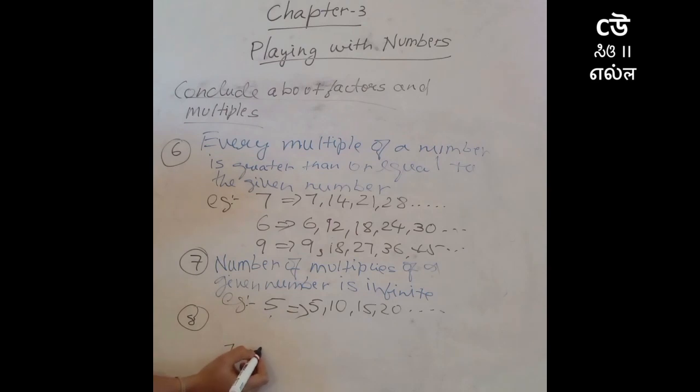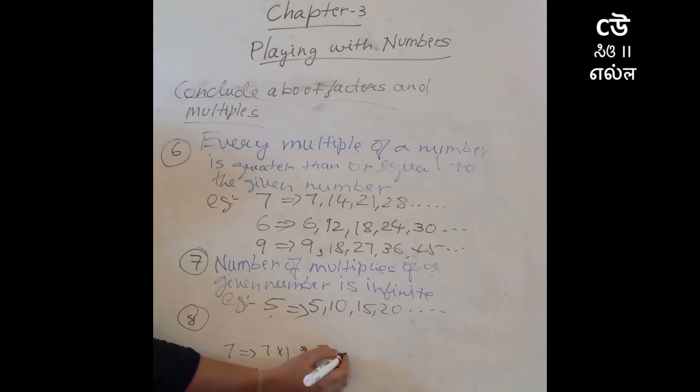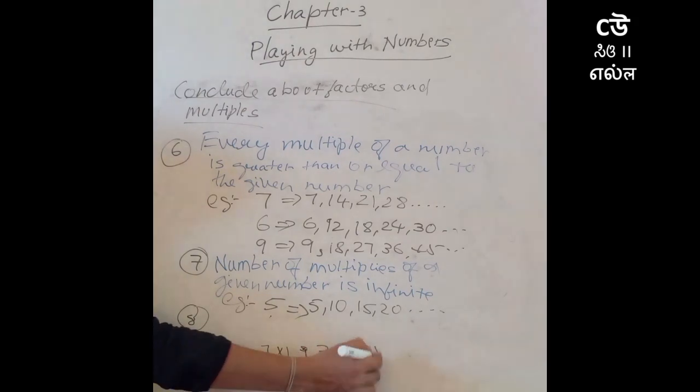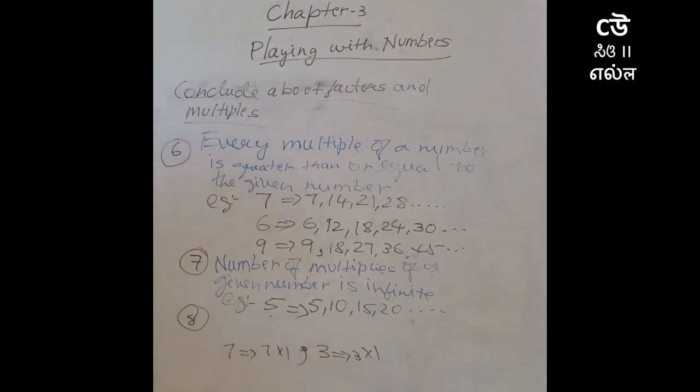Yes, we can have a factor of 7 for 7 itself. For 3 also, can we have a factor of 3 for 3? Yeah, we can have a factor of 3 for 3. So what can we tell? We can tell that every number will have its own factor.